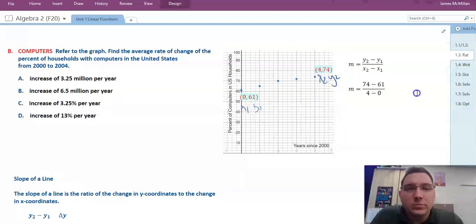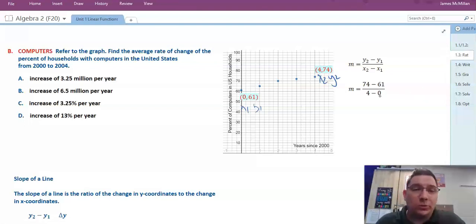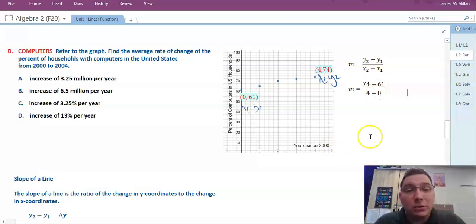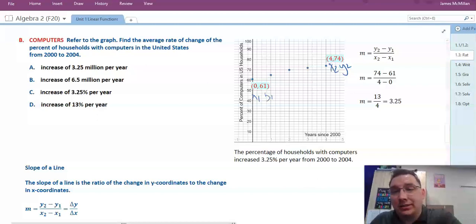So as we plug it in, y sub 2 is 74 minus the 61 for y sub 1, over 4 minus 0 for the denominator. And so 74 minus 61 is 13, over 4 minus 0, which is 4. And so that'll give us 3.25. And so what that means for this problem is that the percentage of households with computers increased 3.25% per year from 2000 to 2004. And so our correct answer here is C.